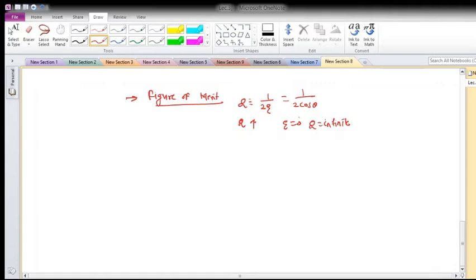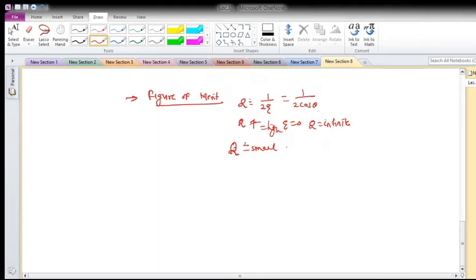Okay, and if poles are far away from the j omega axis, then what will happen? Zeta is greater than 1 by root 2 or something. So at that time Q will be small. Here Q will be high, zeta is equal to 0, Q will be infinite, and here Q will be small.